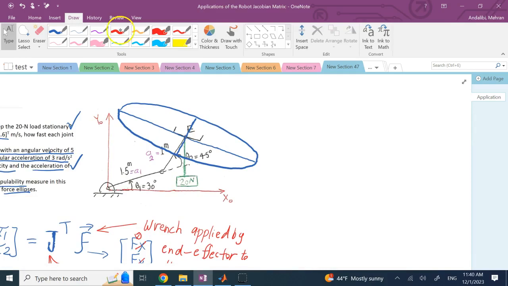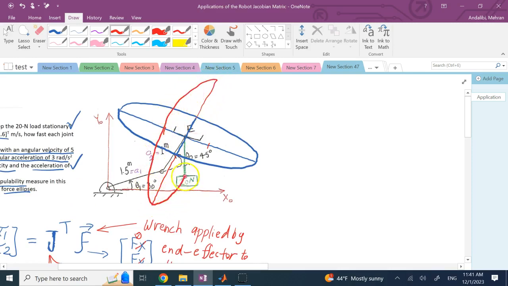And then the force ellipse is exactly like this, but it is perpendicular to that. So in this direction, you have a shorter one. In this direction, you have longer ones. So it's something like this, probably. Okay, so this is the force ellipse.